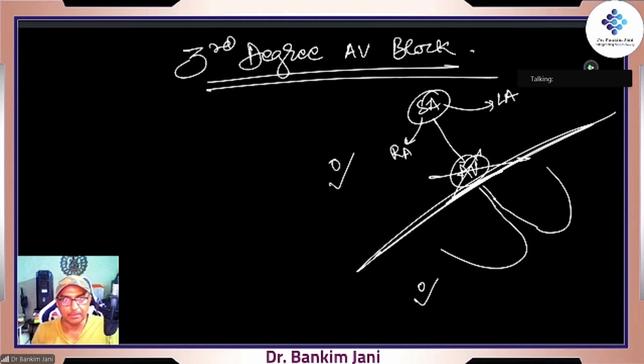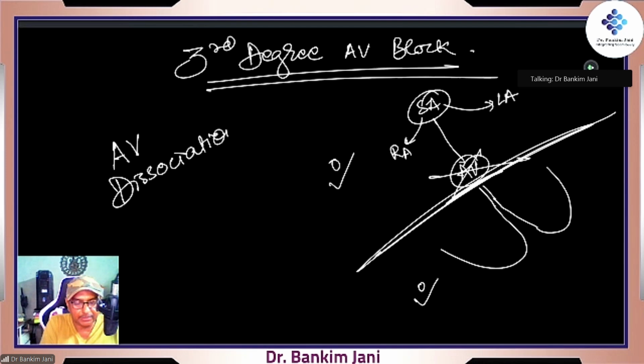Correct? This is what is called AV dissociation, atrioventricular dissociation. This clearly is an indication that AV node is totally blocked, fully blocked. So there is no association between atria and the ventricles.